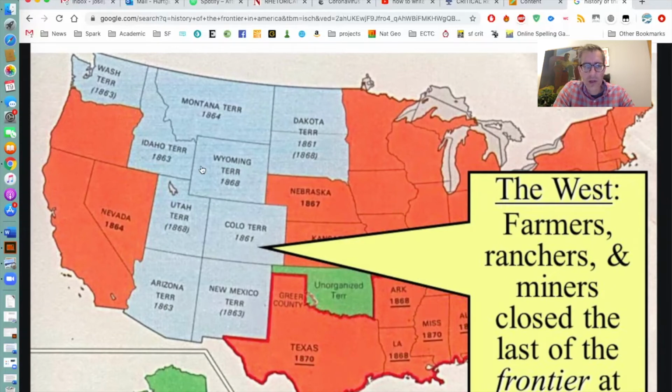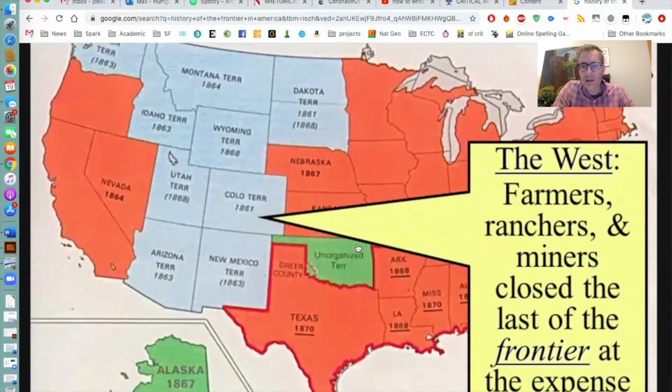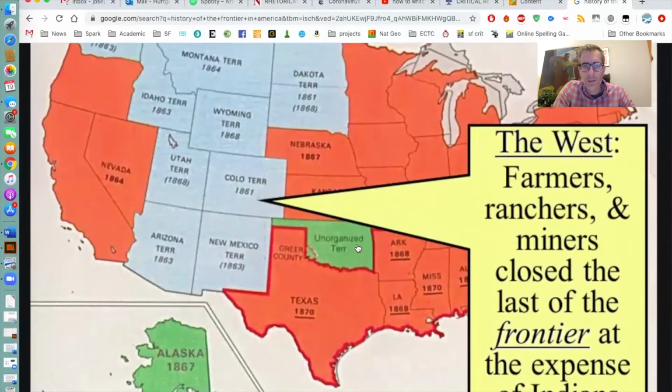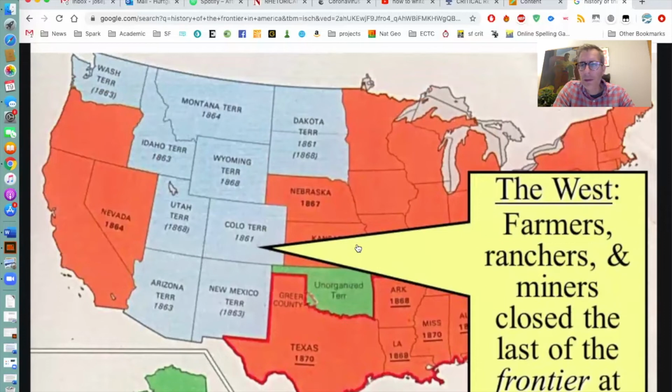A lot of these states were formed around the same time, yet not many people were there. It was very empty. So when we talk about the American frontier, we talk about people moving further west. And you can see these blue states out here. This is all west, and it was unsettled for much of American history.